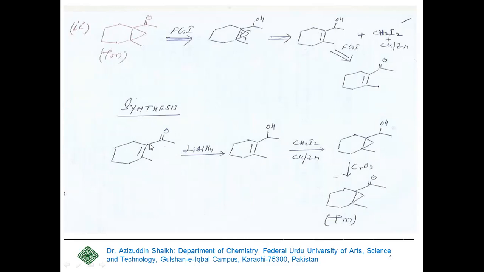This is an alpha beta unsaturated carbonyl compound. By reduction in presence of lithium aluminum tetrahydride, it is converted into a hydroxyl group. Then in presence of diiodomethane and copper zinc, the carbene reacts with this double bond to form cyclopropane, and by oxidation with chromium oxide, OH is converted into a carbonyl group.